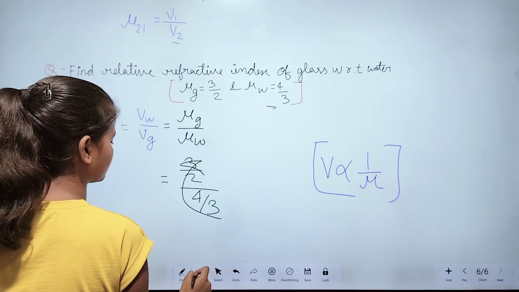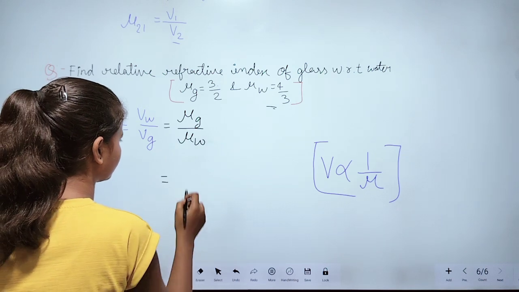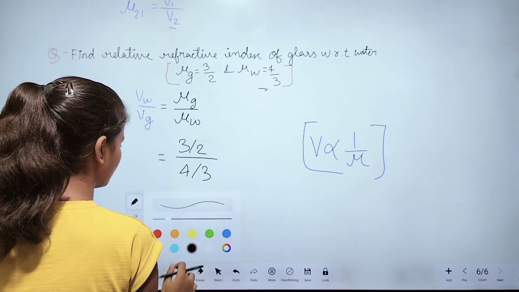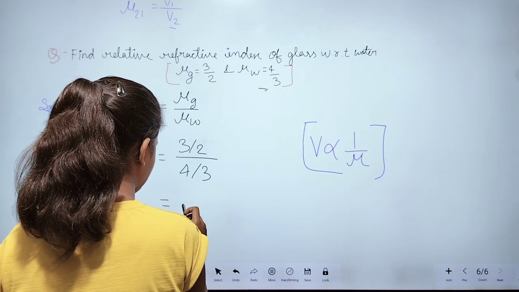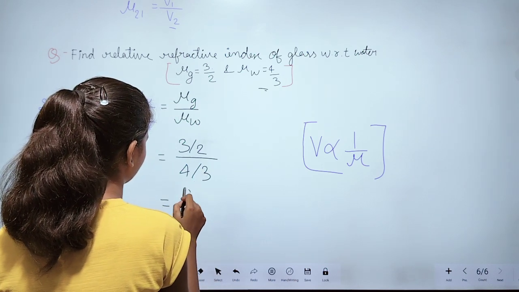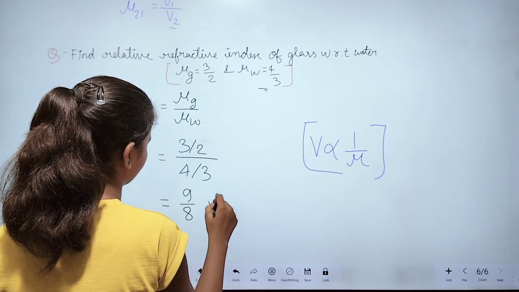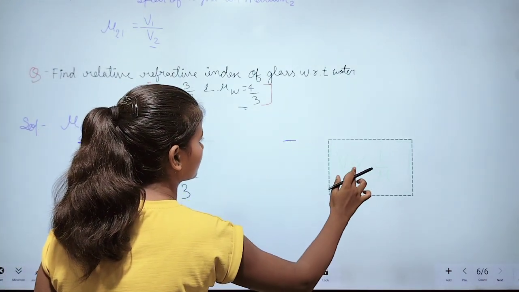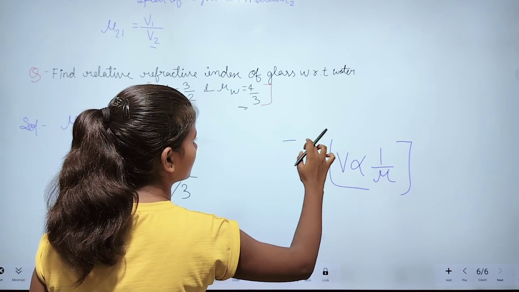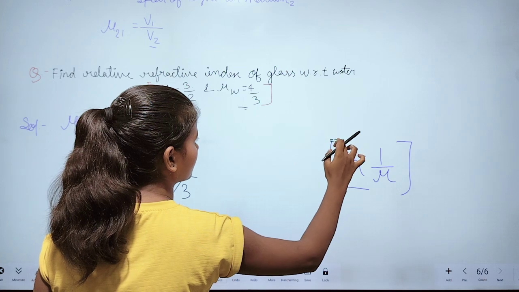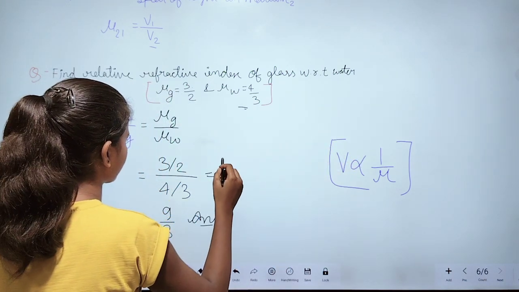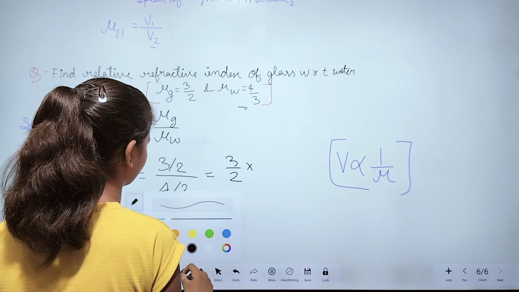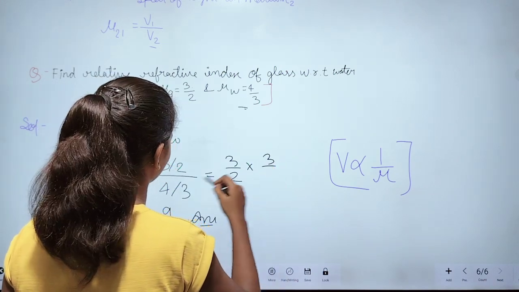Now this one is 9 by 8, if you multiply 3 by 2 into 3 by 4.